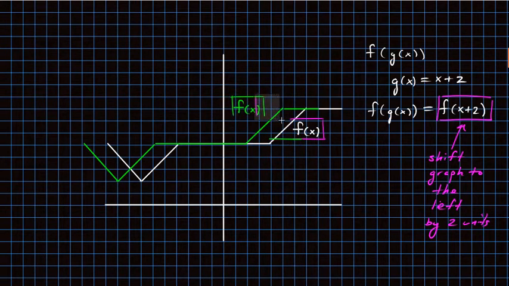But I've shifted, so now this is f of x plus 2. Okay, so see that this point gets shifted over to that by 2. This is shifted over by 2. This is shifted over by 2. Everything's been shifted by 2 units to the left.